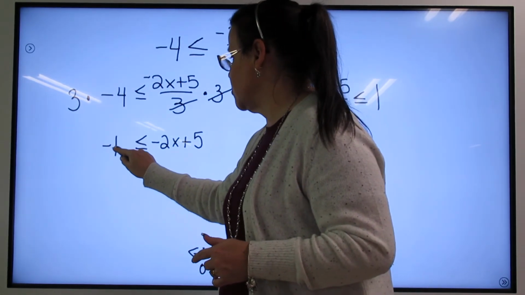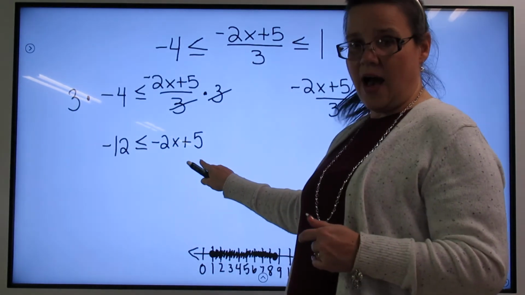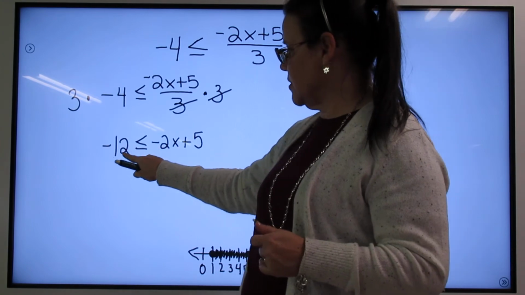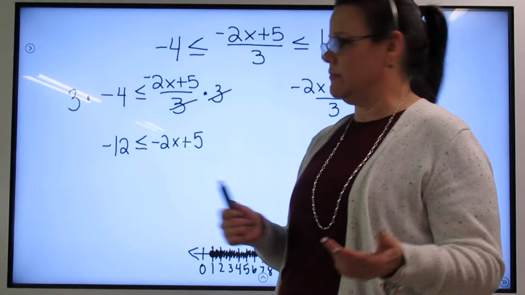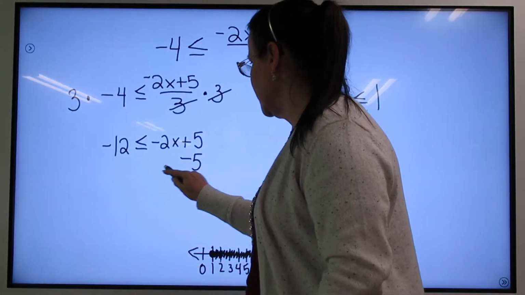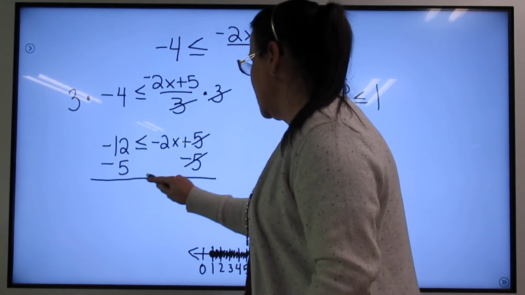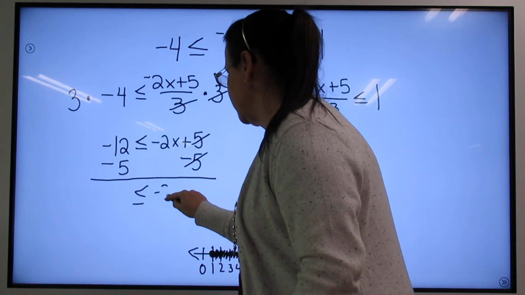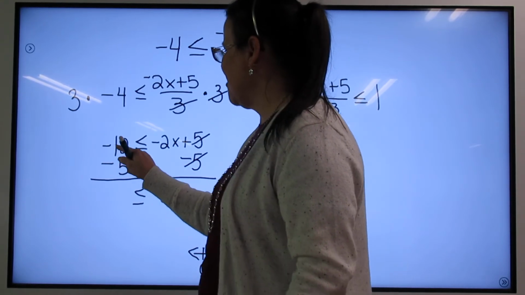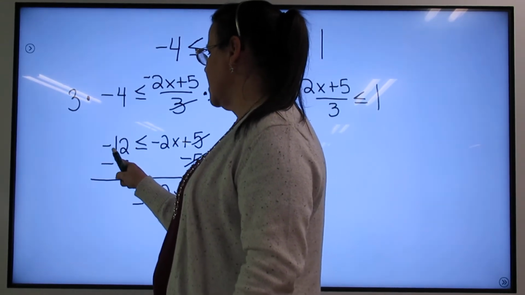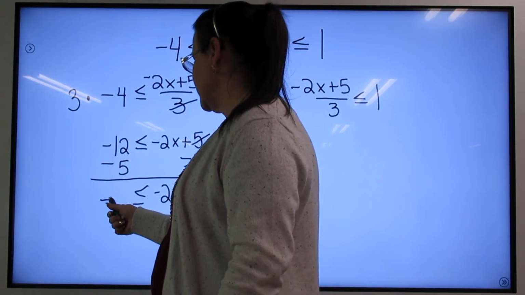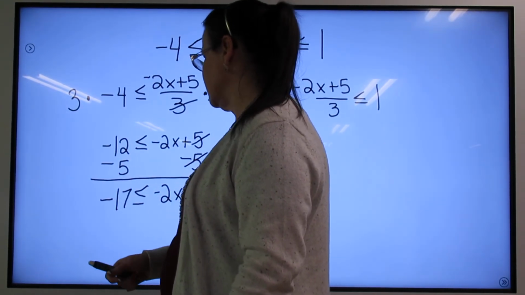That's going to be a negative 12. I have 5. I need to move them over here. Why? Because I have to get x by itself. I'm going to minus 5 and minus 5. And then I'm going to have negative 2x. And then I have negative 12 minus 5 is negative 17.